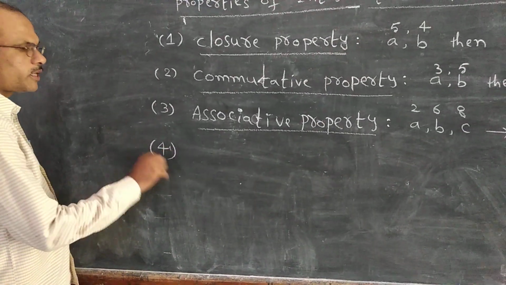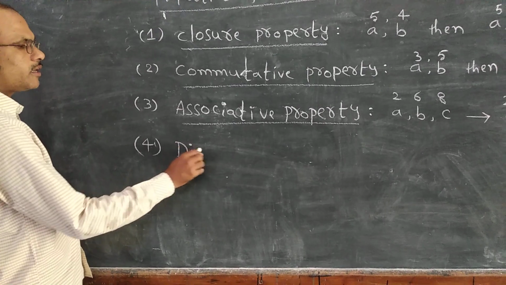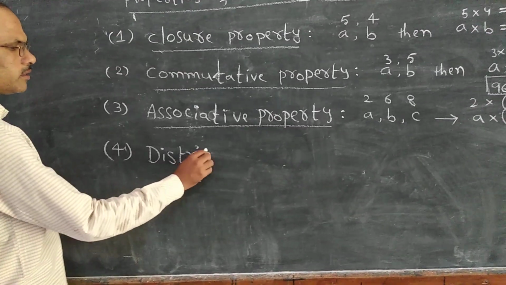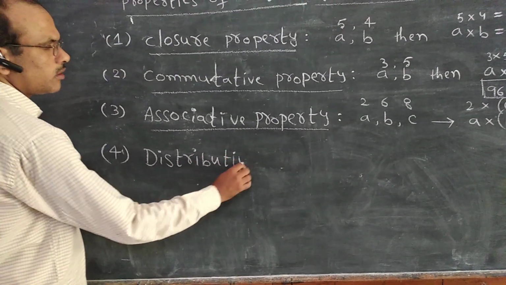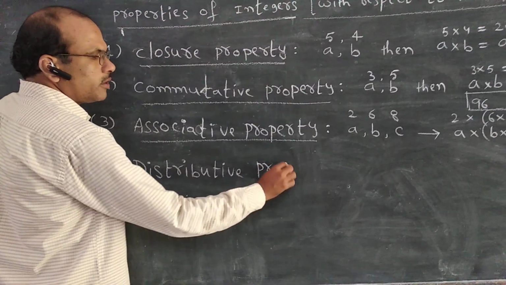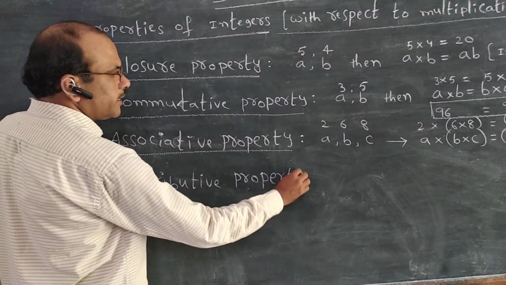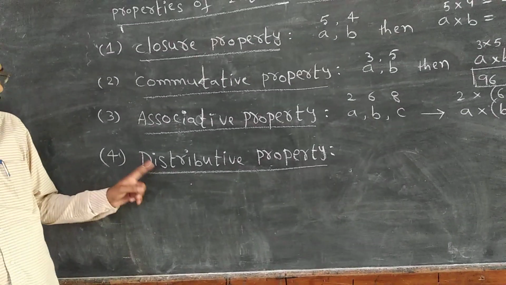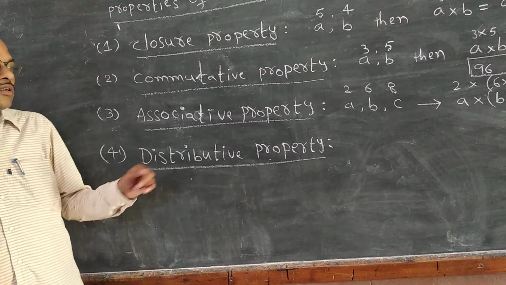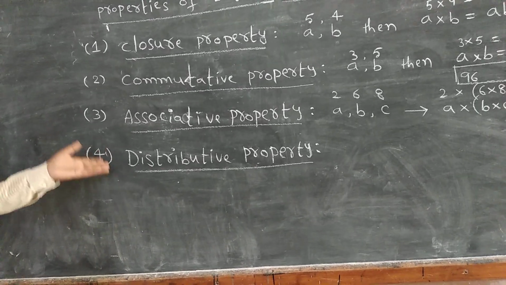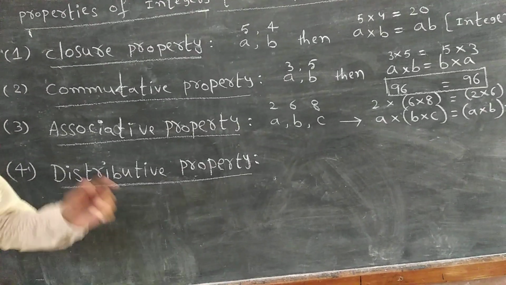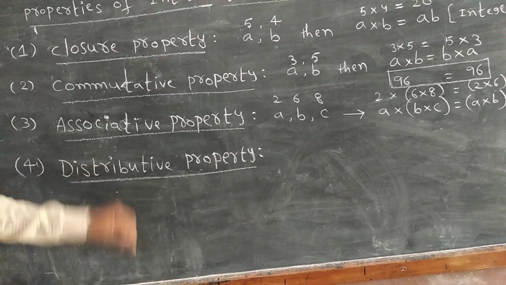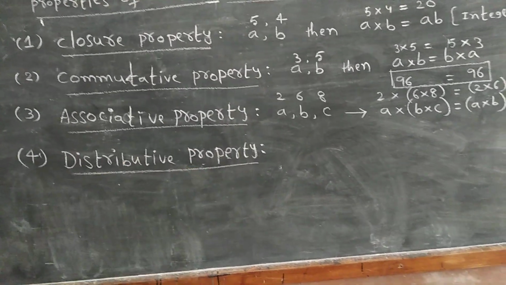Next, the fourth property of the integers, distributive property. Distributive property is as the name suggests, containing the word distributive in it, so it distributes one of the numbers over the other numbers given.